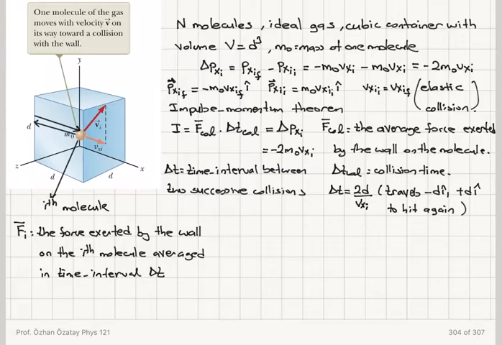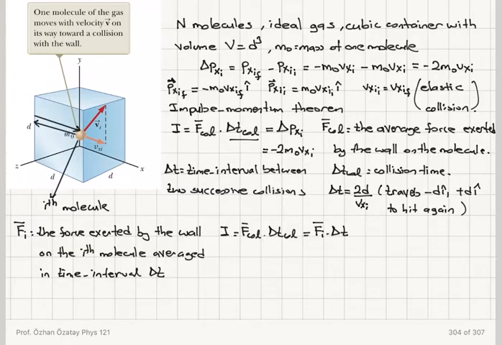So instead of using this collision time, which is hard to know exactly, it's such a small time, we're going to average the force over the time interval between two successive collisions. So I'm going to rewrite the impulse. The impulse was, remember, F bar collision times delta t collision. Now I'm redefining the force to be Fi bar and the time interval delta t.